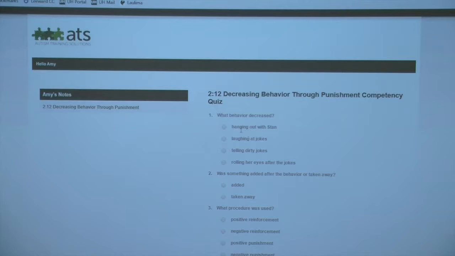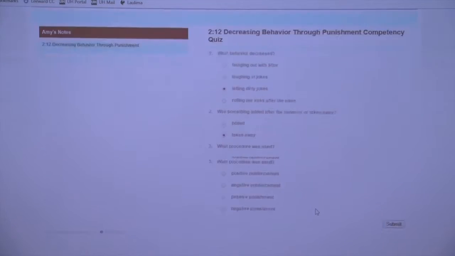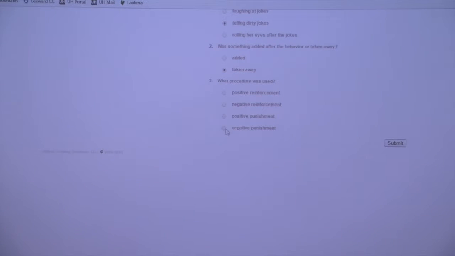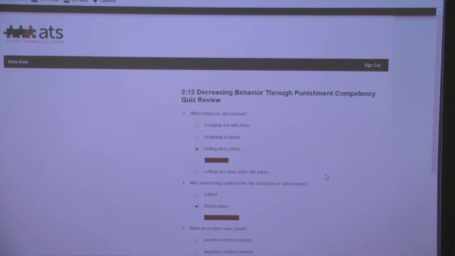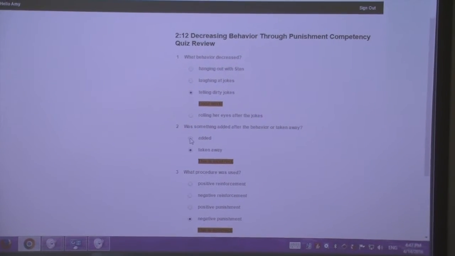What behavior decreased? Telling dirty jokes. Was something added after the behavior or taken away? Added.